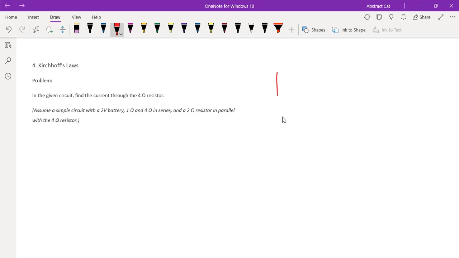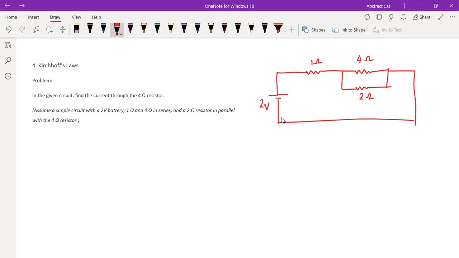So calculate the current across the 4 ohm resistor.